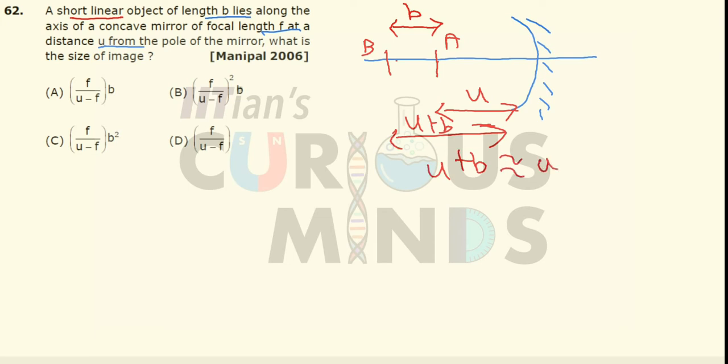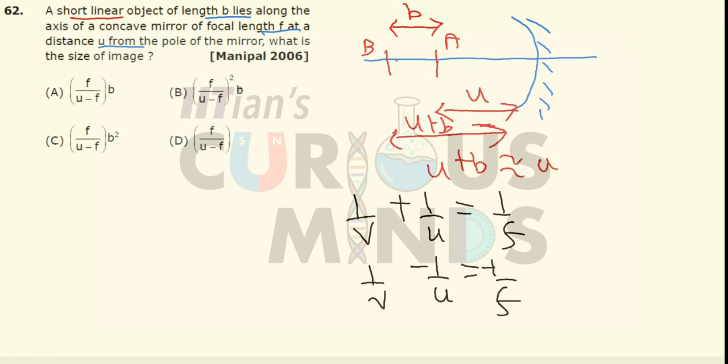Let us first find out the position of the image for both a and b. I will use the mirror formula, 1 by v plus 1 by u is equal to 1 by f. So 1 by v, first substituting for point a, minus 1 by u is equal to minus 1 by f.